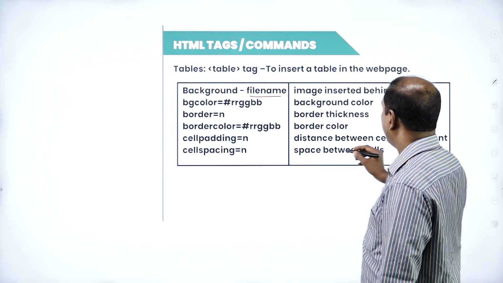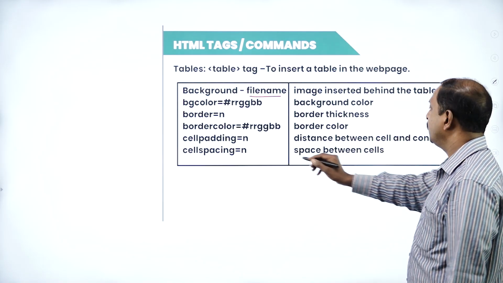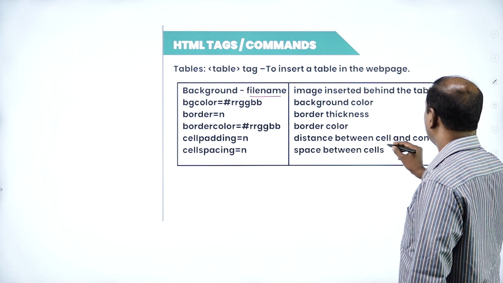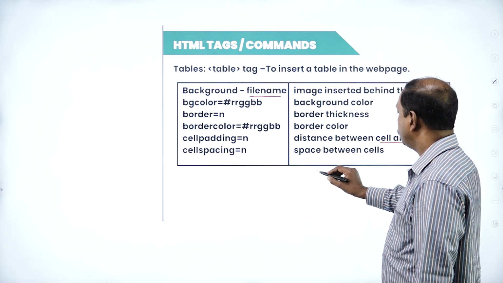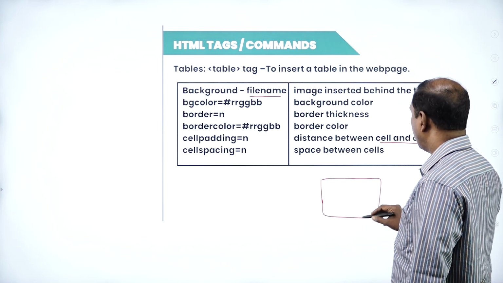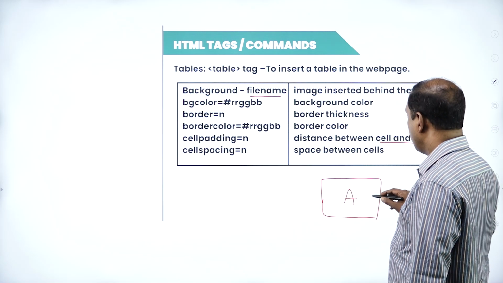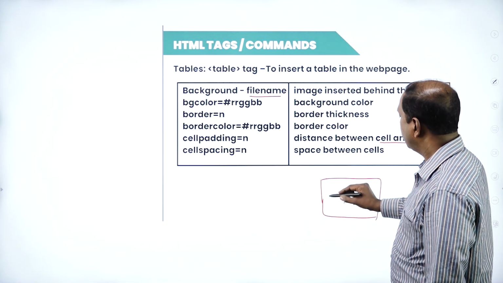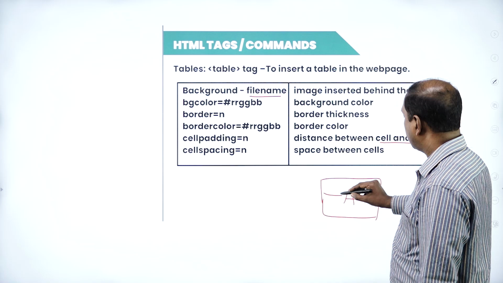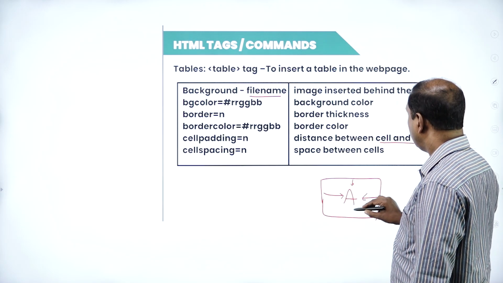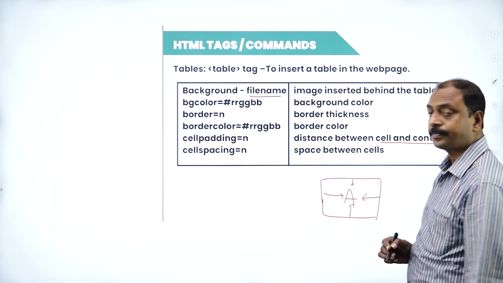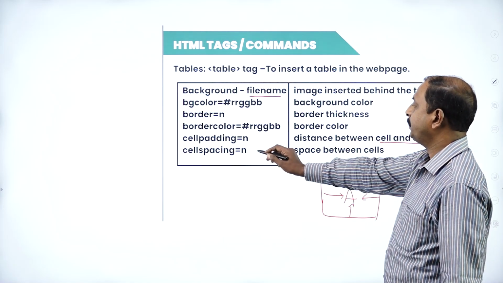So what is cell padding? Cell padding is the distance between the cell and the content. Suppose this is a cell and the content is A. The distance between the content and the cell is called cell padding. And the next one is cell spacing.